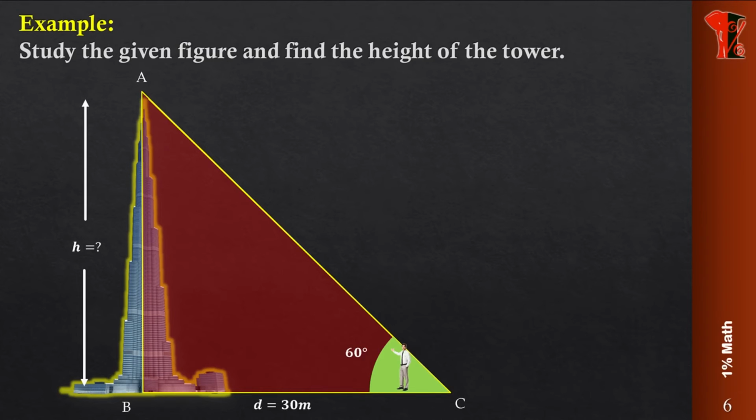So we know the distance, but we don't know the height. That means we don't know the opposite side, but we know the adjacent side. So the trigonometric ratio which relates the opposite side and the adjacent side is nothing but tan. So we are going to use the tan function and then we will find the height of the tower.